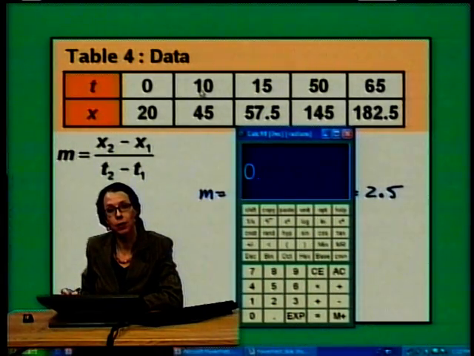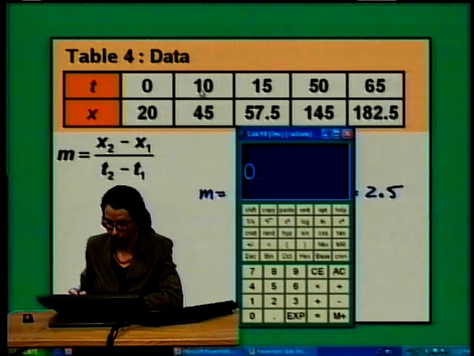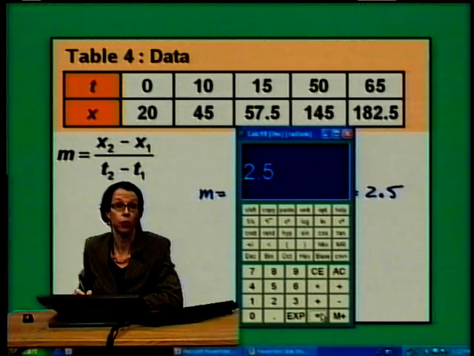When I enter this into my calculator, I need to use parentheses to group the difference in the numerator before I divide it by the difference in the denominator. So I'm going to use open parentheses, 57.5 minus 45, close parentheses, divided by, open parentheses, 15 minus 10, and that equals 2.5. That's what I was hoping for.